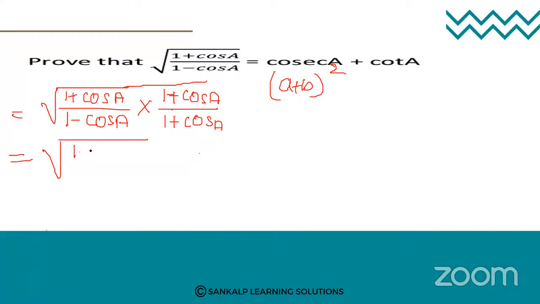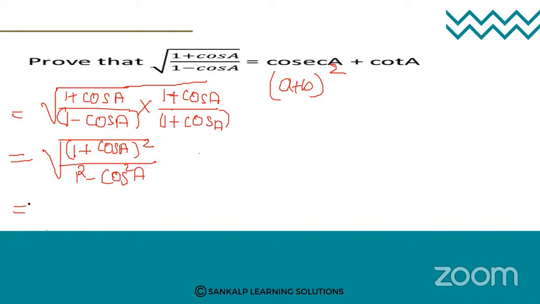A means it is 1 and B means it is cos A, whole square, divided by 1 minus cos A into 1 plus cos A. It is A minus B into A plus B. What will you get? A square minus B square. So what is the value of A? A is 1 square. What is the value of B? B is cos A, so B square is cos square A.